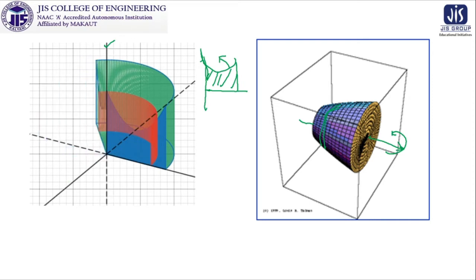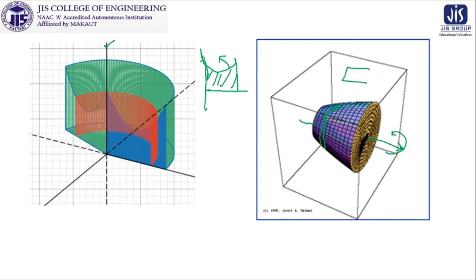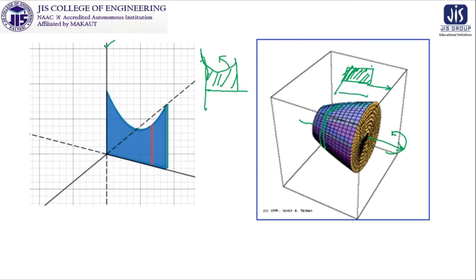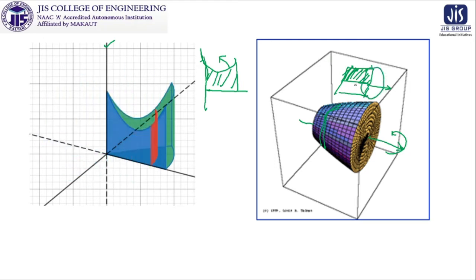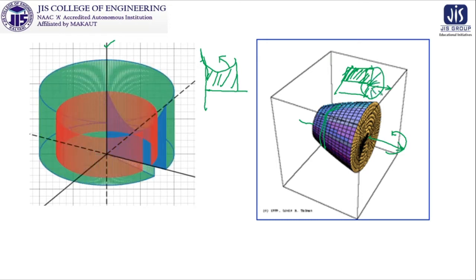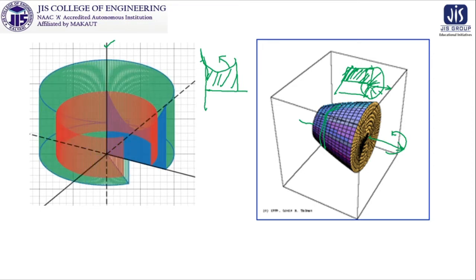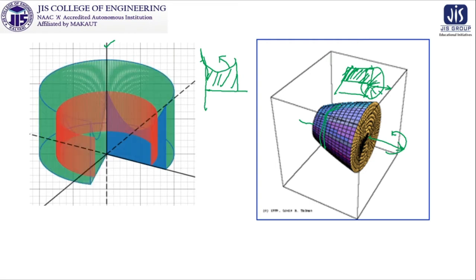Suppose this is a sheet, and this sheet is now revolving with respect to this axis. This sheet is here, next time it will be here, then here, and after a certain time it will be going downwards. There you will see one volume will be generated like this structure. So this is the visualization of volume generation by a revolution of a curve with respect to a given axis.